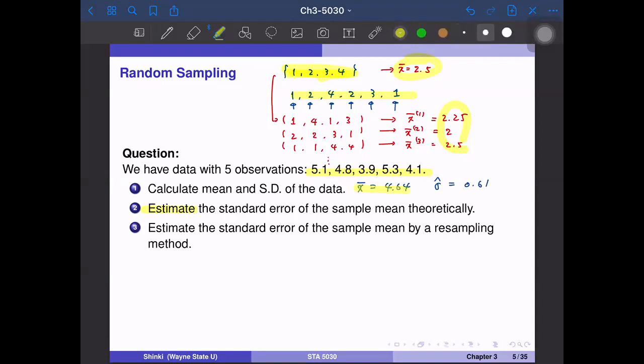So we don't know how reliable this number is, but if we use this resampling method, we can evaluate the standard error. But actually, we can give the theoretical standard error of X bar first. Then after that, we use this resampling method to get the standard error of X bar by simulation.